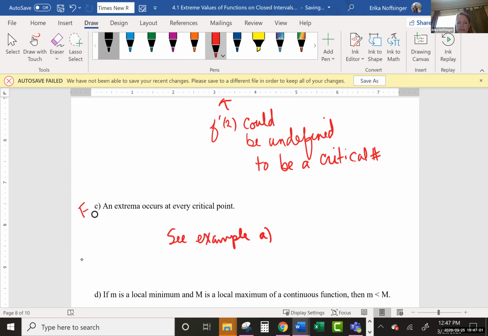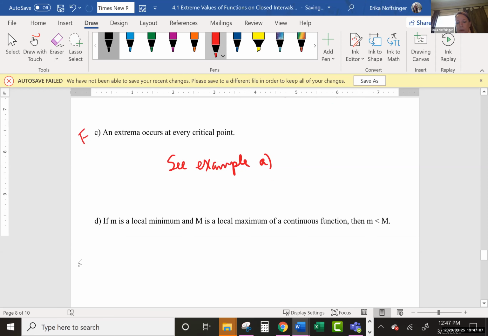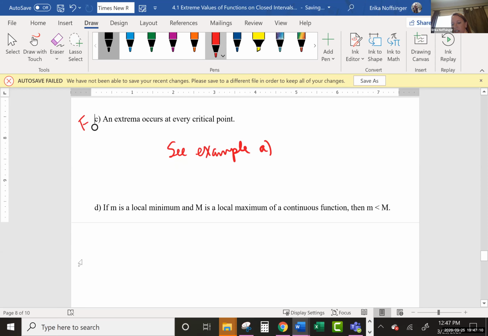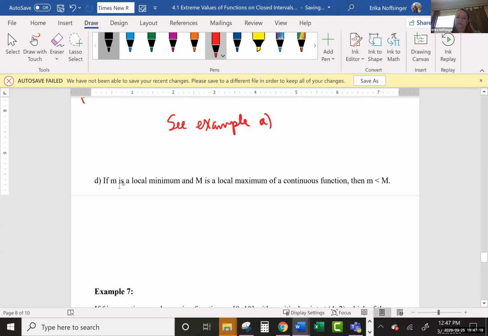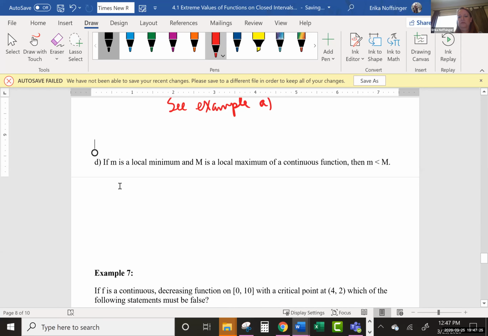So if little m is the local minimum and big M is the local maximum of a continuous function, then little m has to be smaller than big M. So if we had big M here and we had little m here, this is a local max, this is a local min.